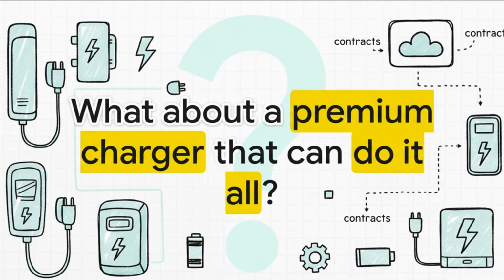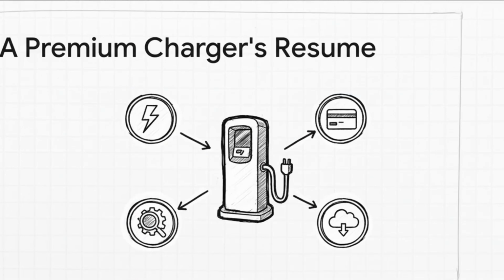Okay, so that works for simple chargers. But what about the fancy ones? You know, the top-of-the-line model that can do everything. Charge super fast, take payments, run its own diagnostics, even update its own software. How do we handle a multi-talented superstar like that? Well, it's actually super simple.